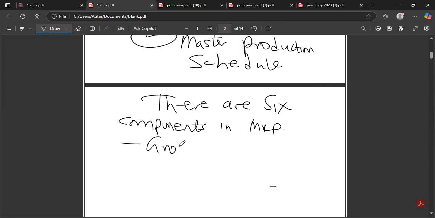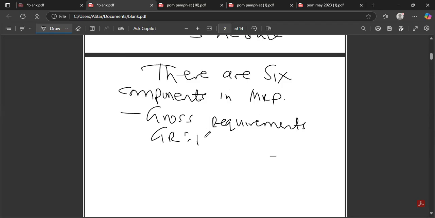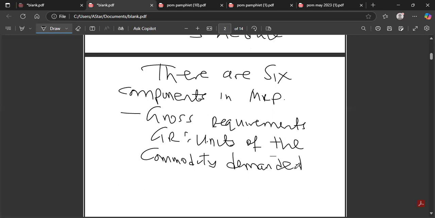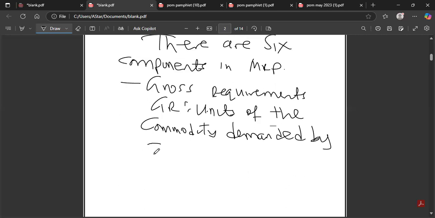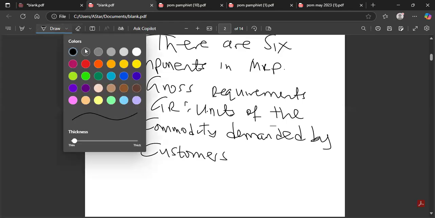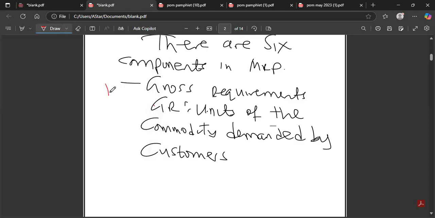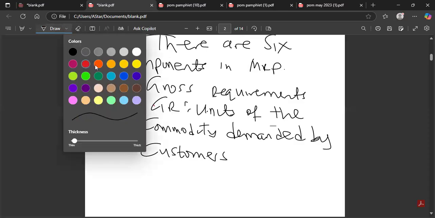The first one is the gross requirements, which is the GR. So these are units of the commodity demanded by customers. That is the gross requirements.